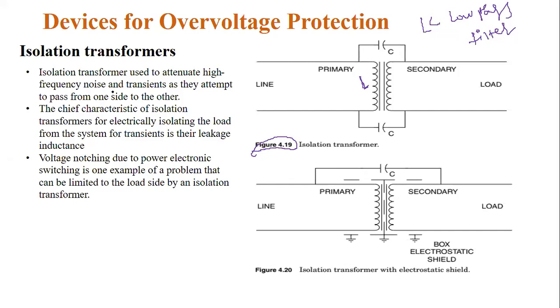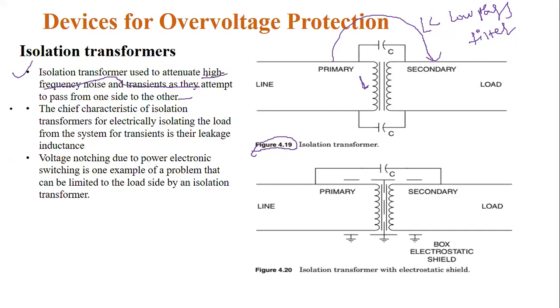Isolation transformers form a filter. It filters the high frequency noise transients as they attempt to pass from one side to the other. This is the primary side. It can stop the noise signals from the primary side to the secondary side.